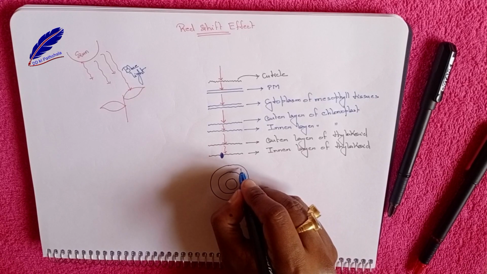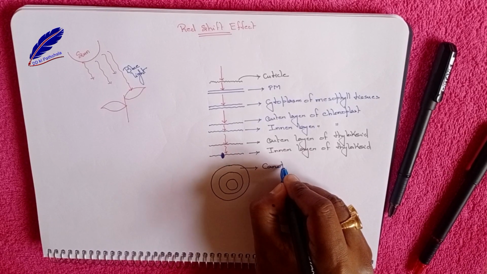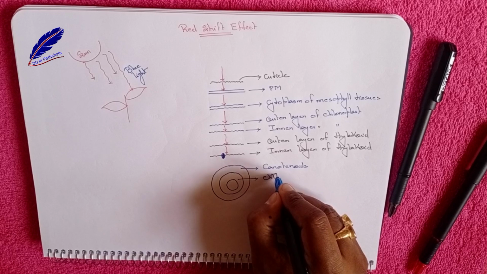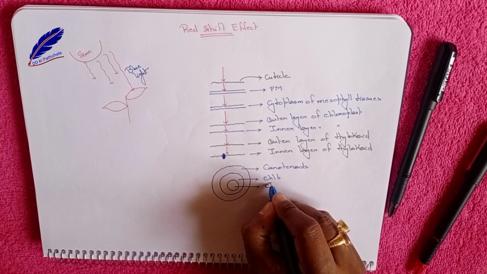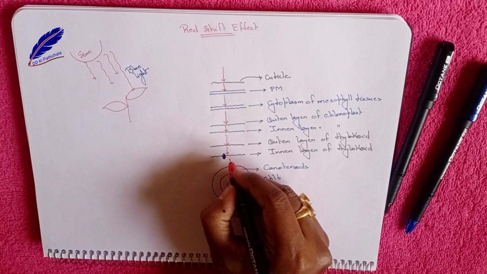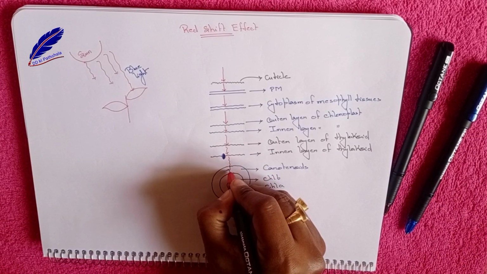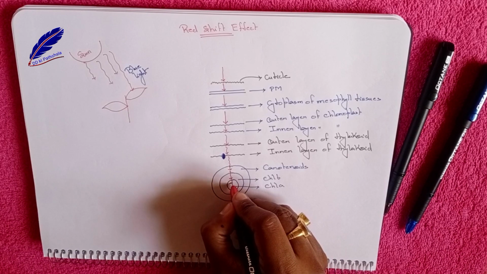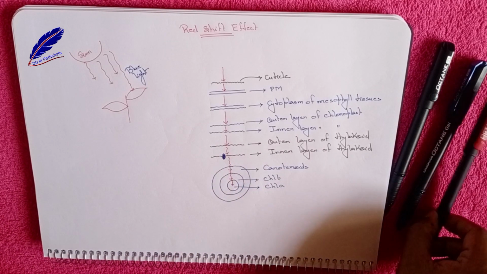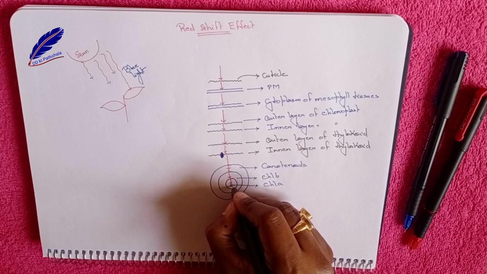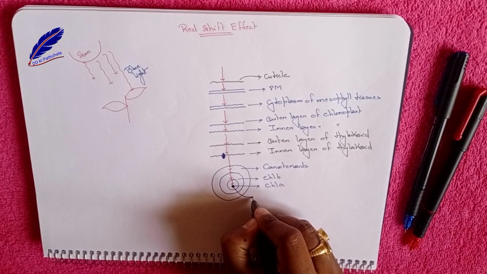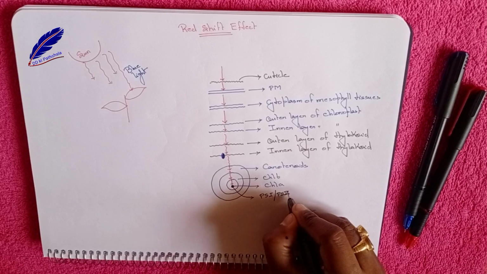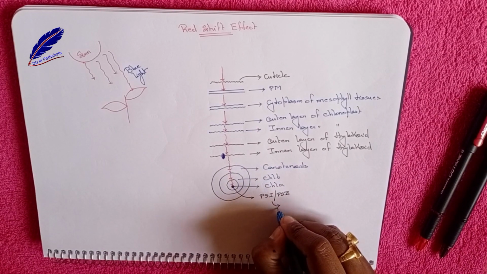The outer layer is of carotenoids, the middle layer is of chlorophyll B, and the inner layer is chlorophyll A. So the light enters into the quantasome, crosses the carotenoid layer, after that it crosses the layer of chlorophyll B, and then the layer of chlorophyll A, and finally it reaches the center of the molecule, which is either PS1 or PS2, where it performs the reaction.